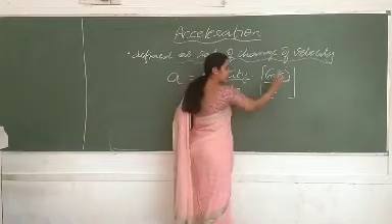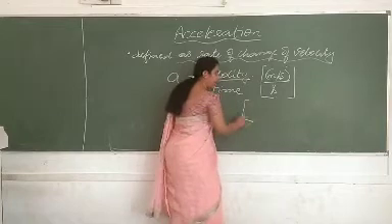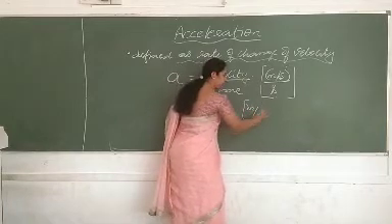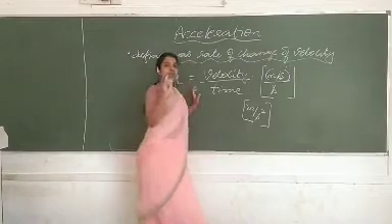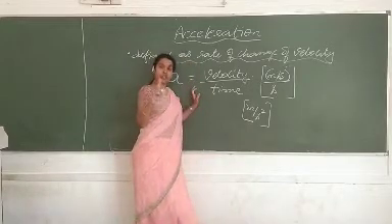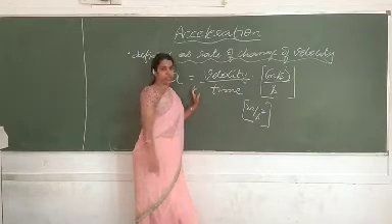This second is also in the denominator. Can I write this as meter per second square? So meter per second is the velocity unit. Meter per second square represents acceleration.